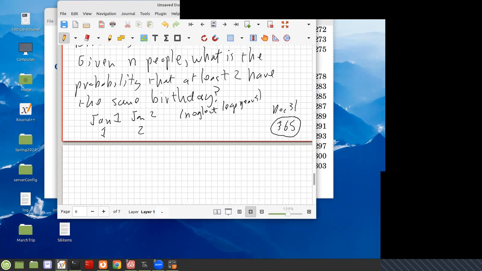But that's sort of unusual. Since leap years are only every 4 years, with some restrictions, there are very few people born on February 29th. So let's just do the general case as a model of 365 days. So we have n slots, right?